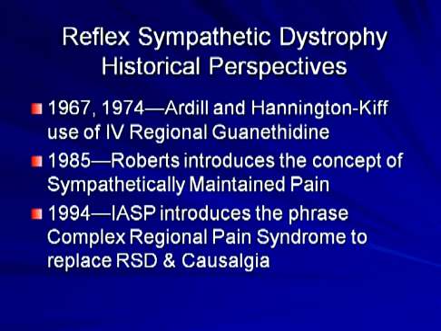Also, you have to remember, IV regional guanethidine is done through a Beer technique. Beer is a surgeon who used a tourniquet on an extremity, put an IV needle in. He'd put a tourniquet on the extremity, either upper or lower, and before he put the tourniquet on, he would exsanguinate the extremity with an Esmarch or rubber elastic bandage to drain the blood, and then put the tourniquet up.